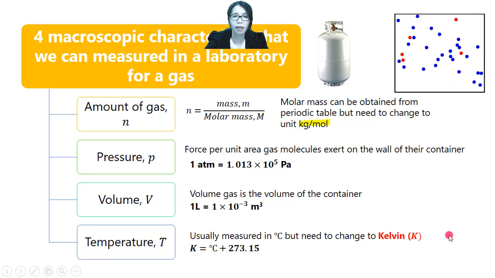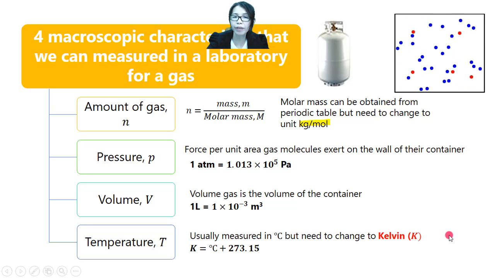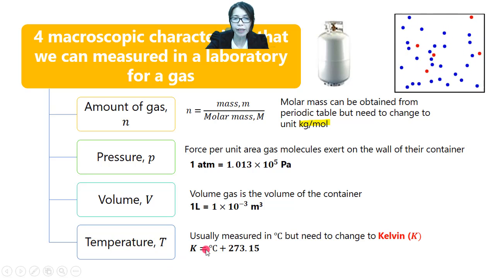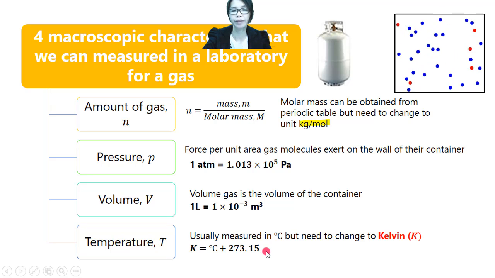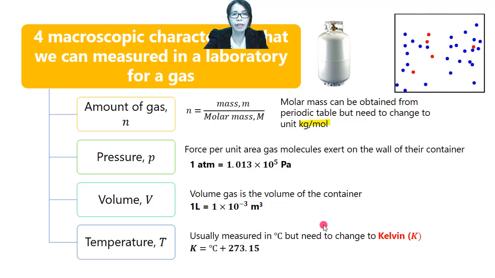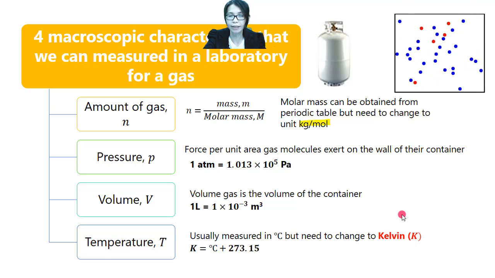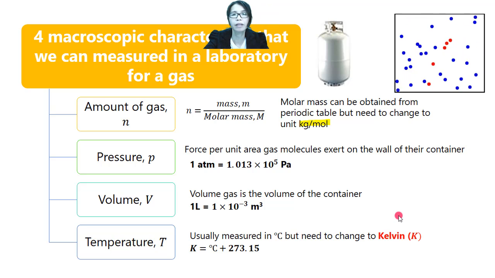So how to change degrees Celsius to Kelvin? Bear in mind, Kelvin is degrees Celsius plus 273.15. Okay, so these are the four macroscopic characteristics that we can observe for a gas, that we can see with our naked eye. We can measure them.